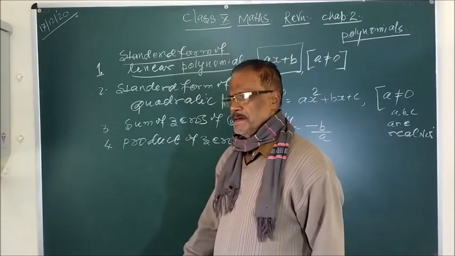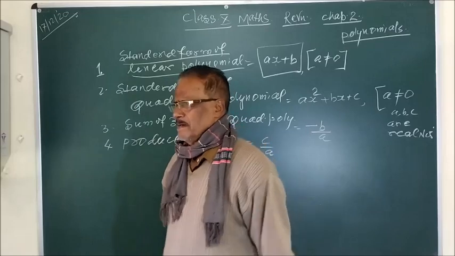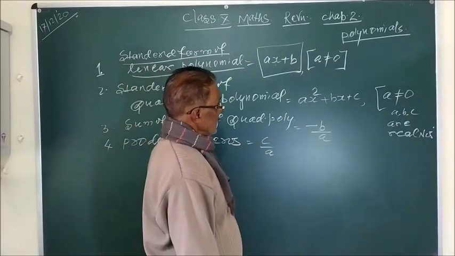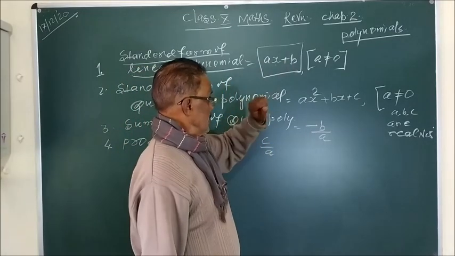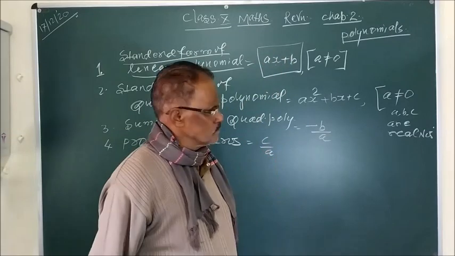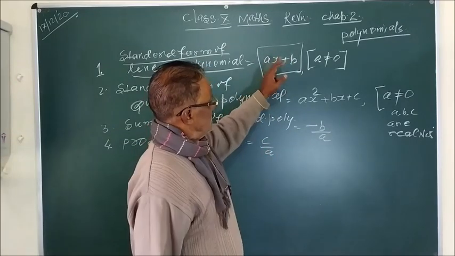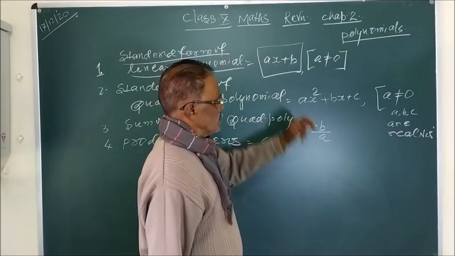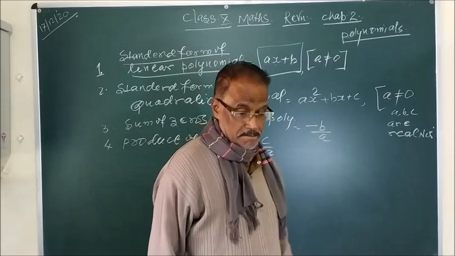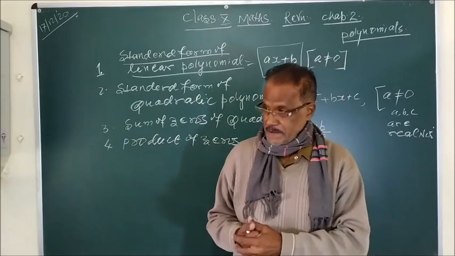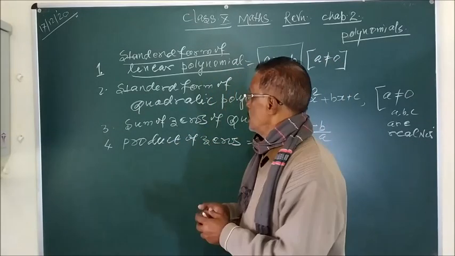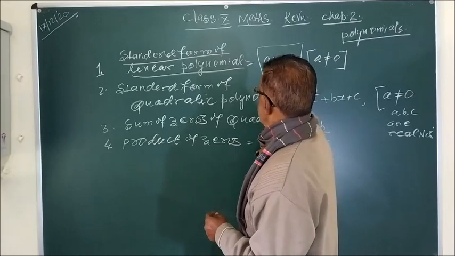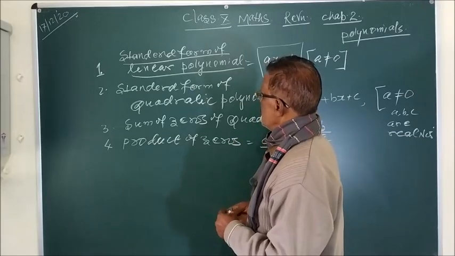Ax plus b is a polynomial where a and b are real numbers and x is the variable. This is a linear polynomial because here the degree of the variable x is 1. So this is the standard form of a linear polynomial.